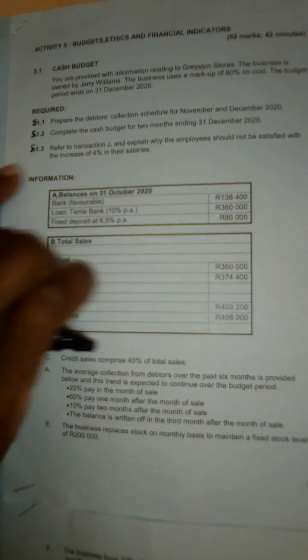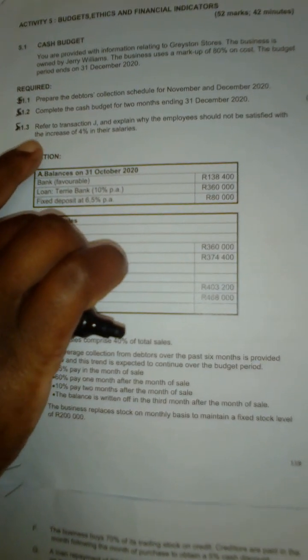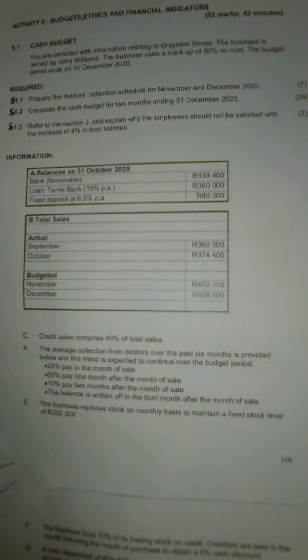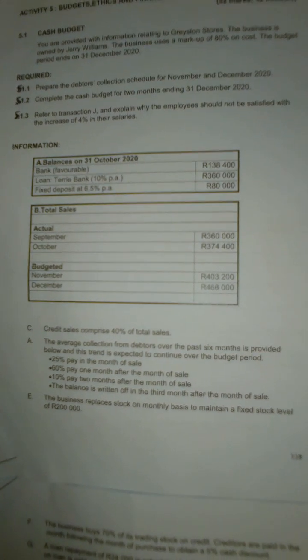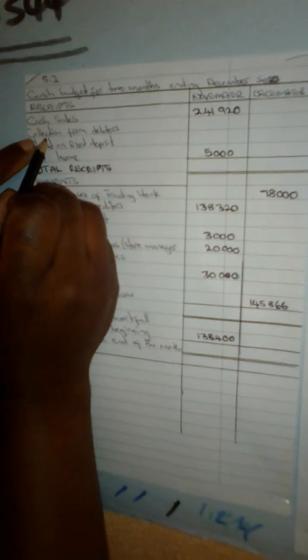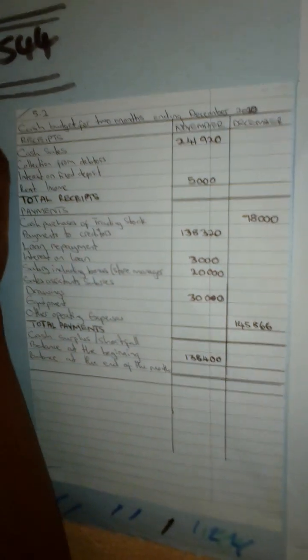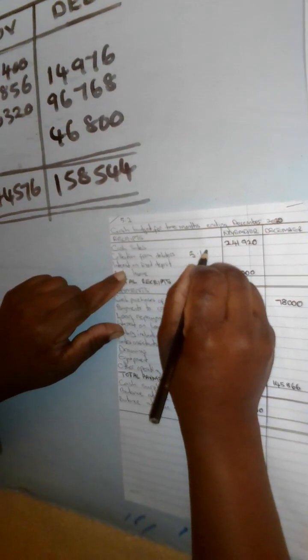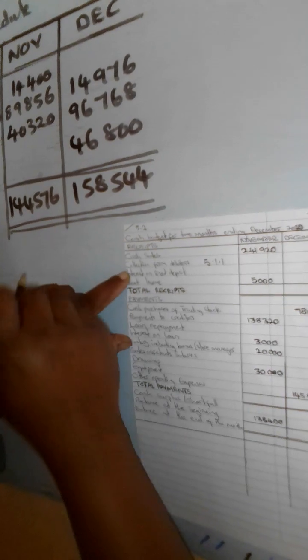So this is the money that we are going to record when we go to 5.1.2, when we are recording the collections from debtors. Since we have the template on the board, let me just record them right now. Collections from debtors, it is this money from 5.1.1, from the debtors collection schedule.